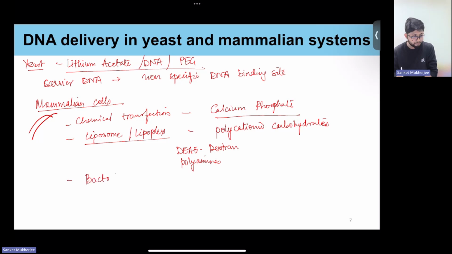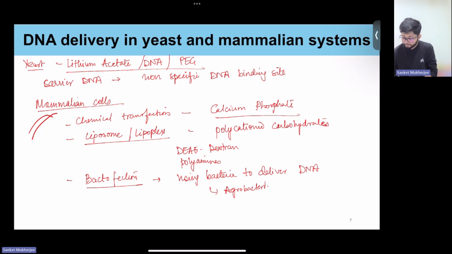bactofection, basically using bacteria to deliver DNA. The most common example is Agrobacterium tumefaciens, which has the Ti plasmid for plant cells.